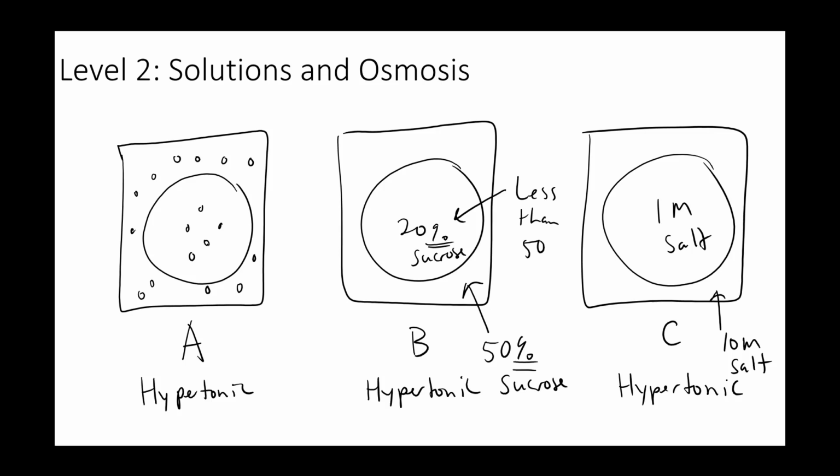These concentrations are just the amount of dissolved substance per unit volume. So all three of these are fine ways of describing a hypertonic solution surrounding a cell. This is very much for the beginners. This is what we do mostly in regular biology, and then this would be more of an AP biology question.